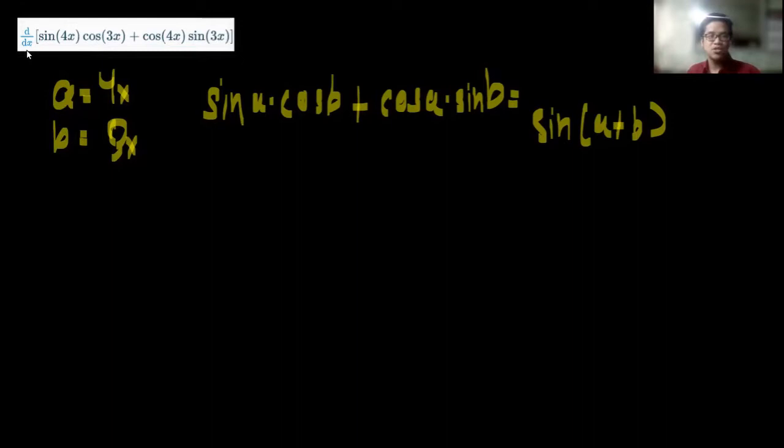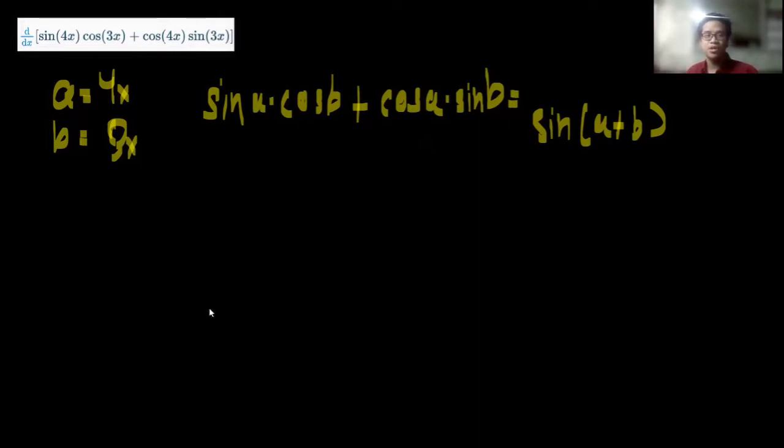Yes, you can do the first method where we use the product rule, and it is still correct. No problem, as long as you follow the correct ways of deriving it, it is okay. But it would be more convenient if you knew the basic lessons in mathematics, especially in trigonometry.